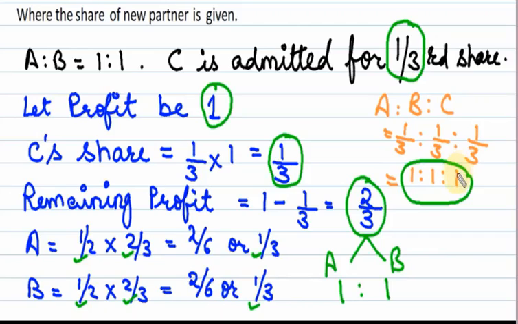Now we will come to the second case, where it is given that the new partner is taking his share in which ratio or in which part or in which form from the old partners. So let us take the example.